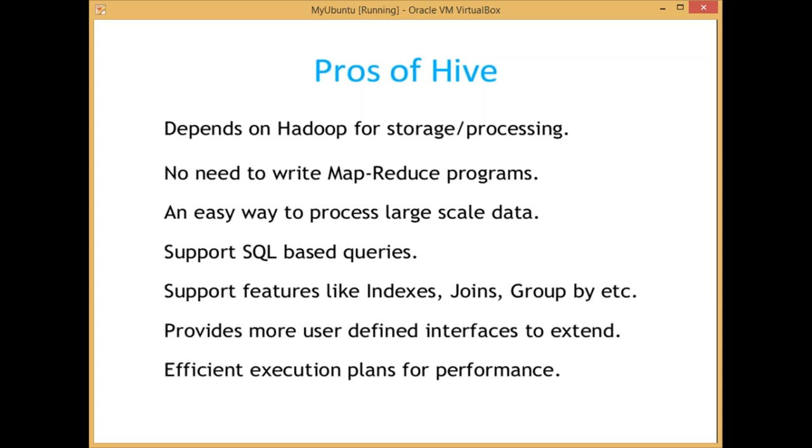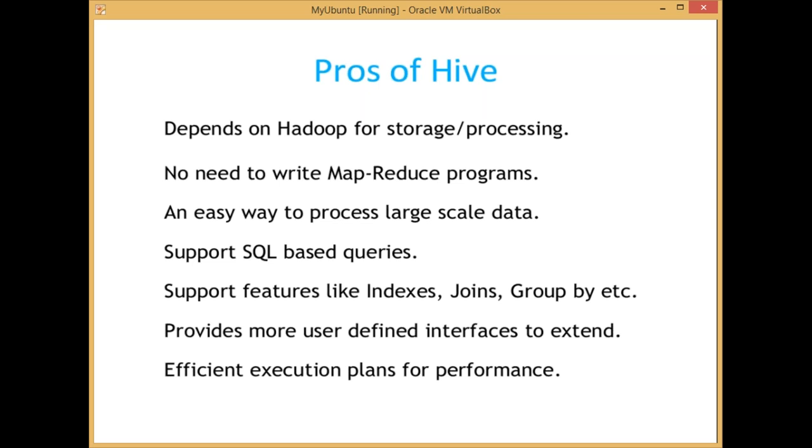It provides more user-defined interfaces to extend. Apart from the features which are already there, if you feel that there should be more features which are actually not available in Hive, in that case Hive is giving you the flexibility that you can extend the interfaces.